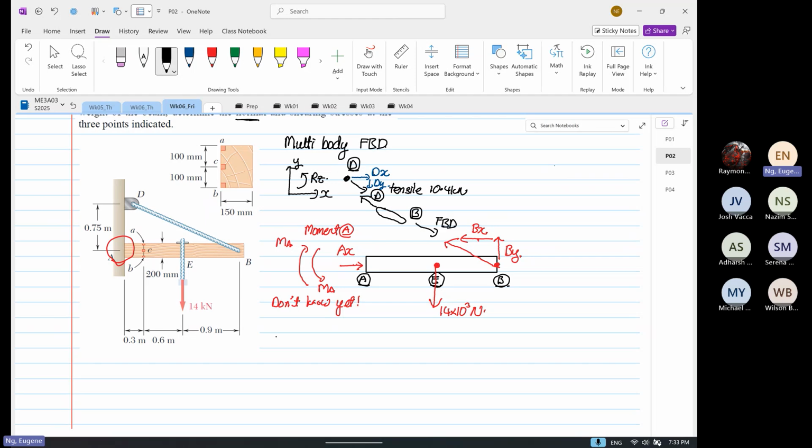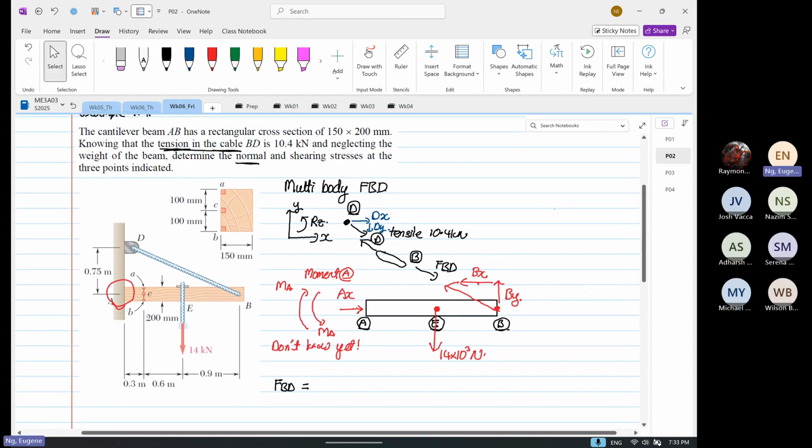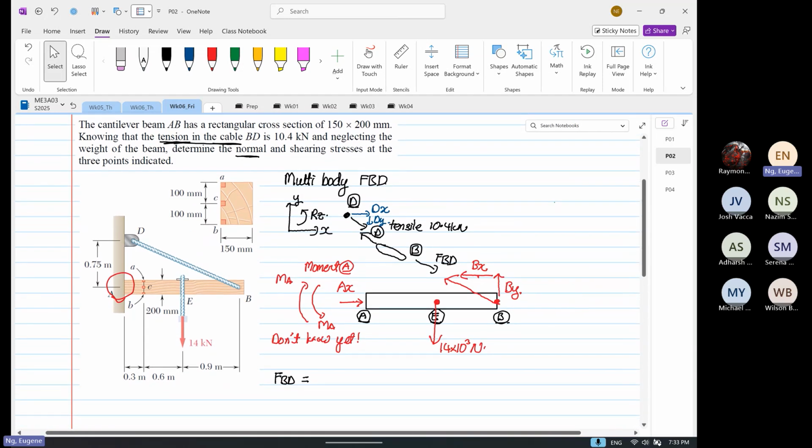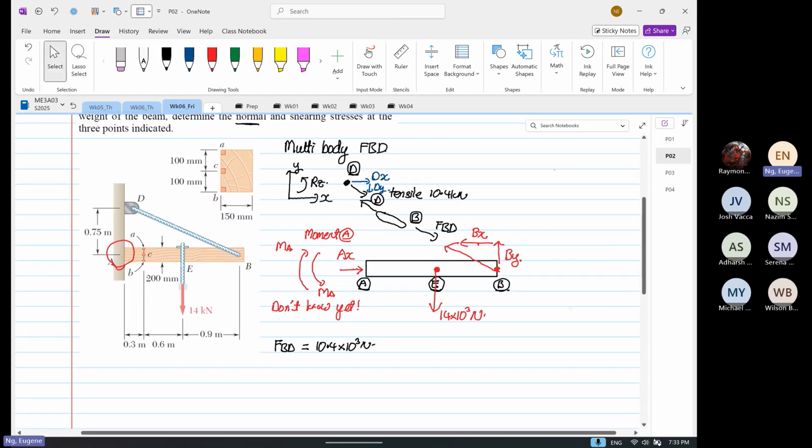So FBD will be equal to 10.4 times 10 to the power 3 Newton. Okay, so now we want to find By and Bx.